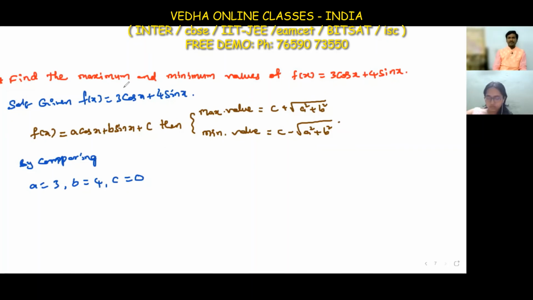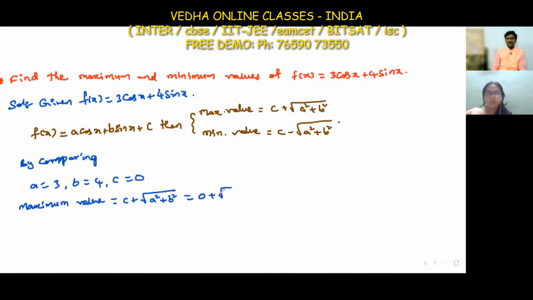Now what is the maximum value and what is the minimum value? The maximum value is c plus under root of a square plus b square. So c value is 0 plus under root of 3 square plus 4 square. That is under root of 9 plus 16, which is 25, and root 25 is 5.